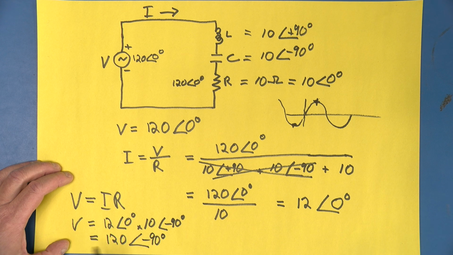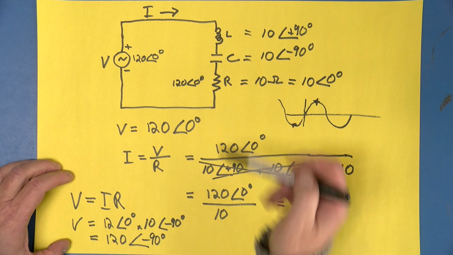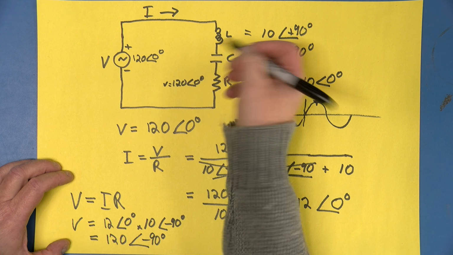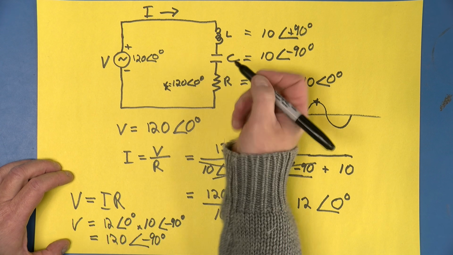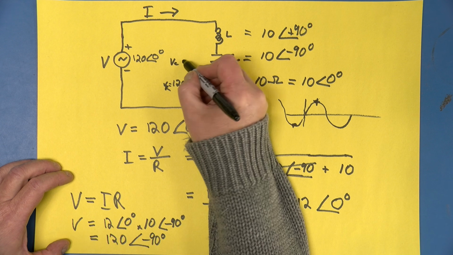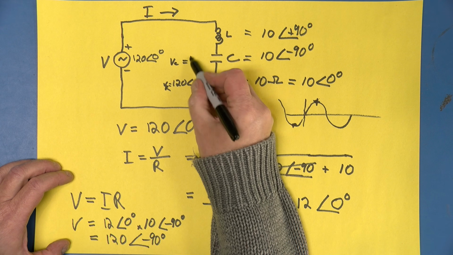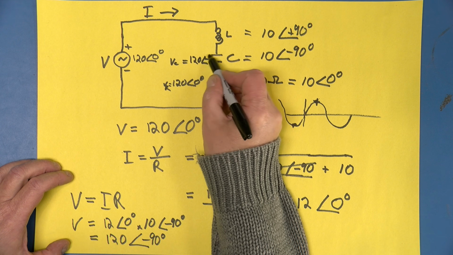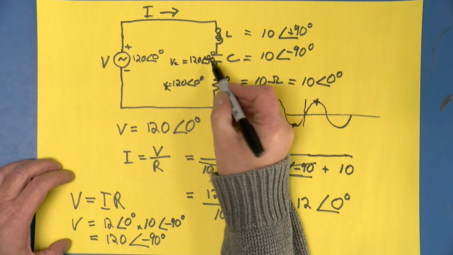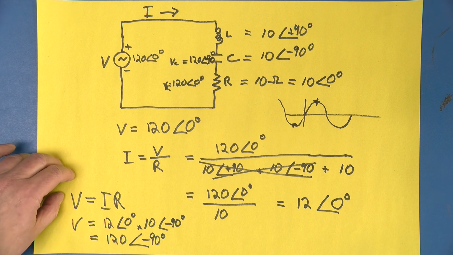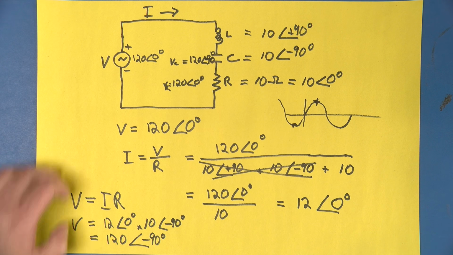The rule is, for multiplication, we multiply the magnitudes and we add the angles. So the voltage across the capacitor is 120 at an angle of minus 90. That's a bit hard to see. That's a minus 90. Unfortunately, you'll have to imagine it.